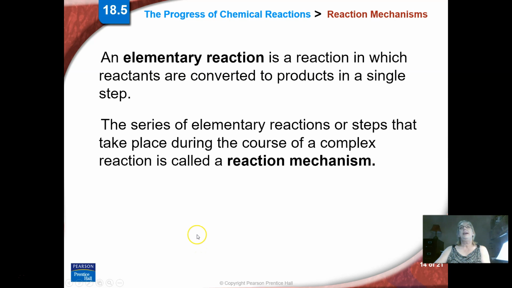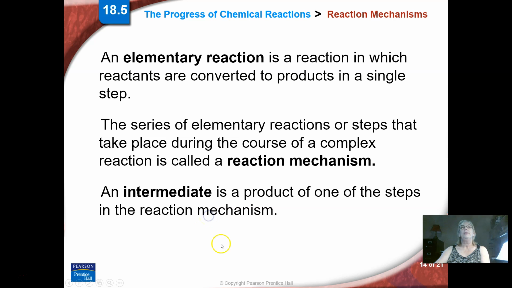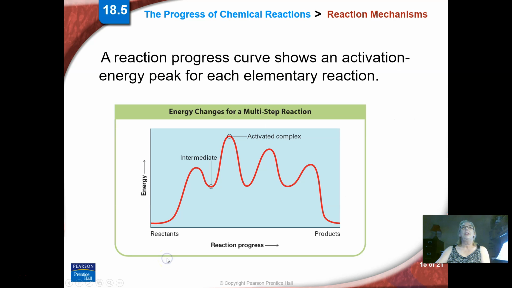If you have more than one step, you're going to have a more complex reaction. That reaction is going to have a reaction mechanism, and you'll have some intermediates that show up in the middle of the chemical reaction but don't show up at the end. We talked about activated complexes before.